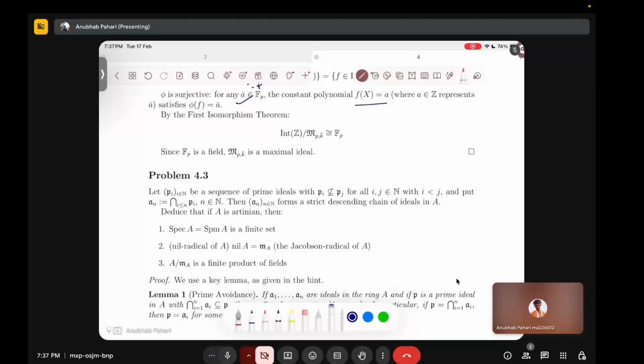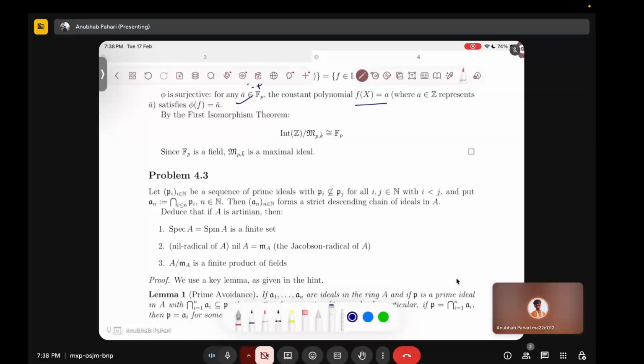Okay, and you put An equals the intersection of all the Pi where i is less than or equal to n. So A1 should be P1, A2 should be P1 intersection P2, like this.